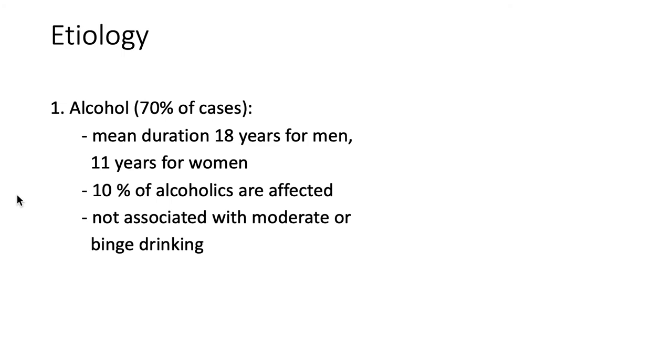However, it involves drinking alcohol in the long run, okay? And usually for males to develop chronic pancreatitis, it's 18 years of drinking alcohol, and for females it's 11, okay? And it's not associated with moderate drinking or binge drinking.